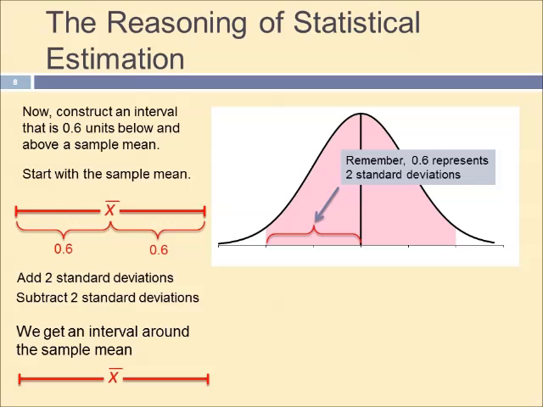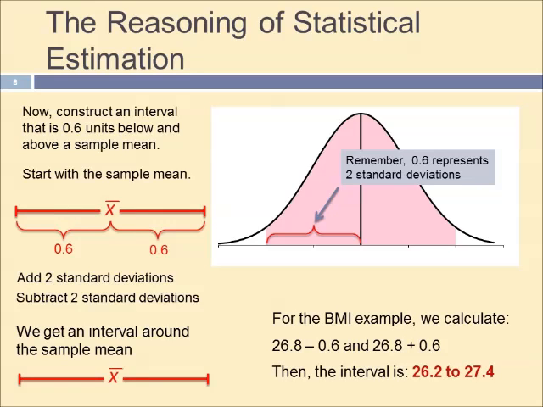We get an interval around the sample mean like so. For the BMI example we have, we can calculate 26.8 minus 0.6 and 26.8 plus 0.6. So the interval is from 26.2 to 27.4.